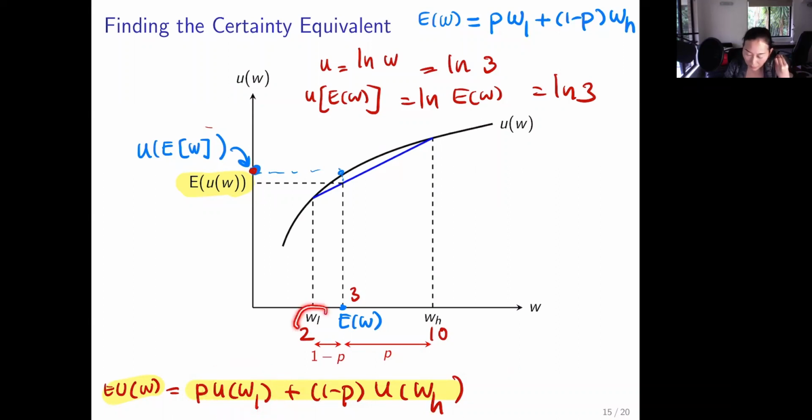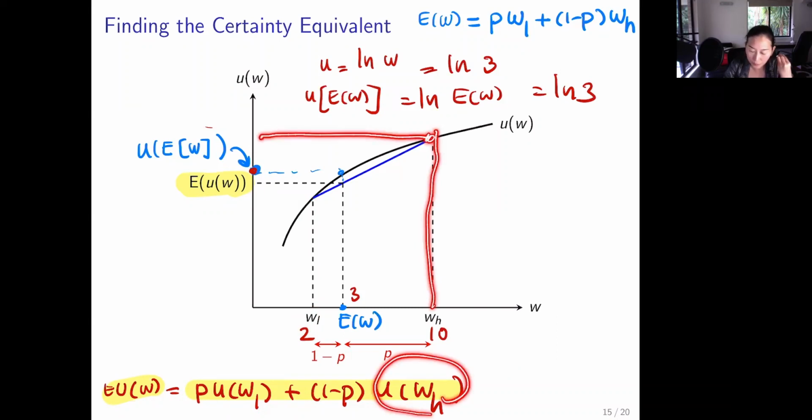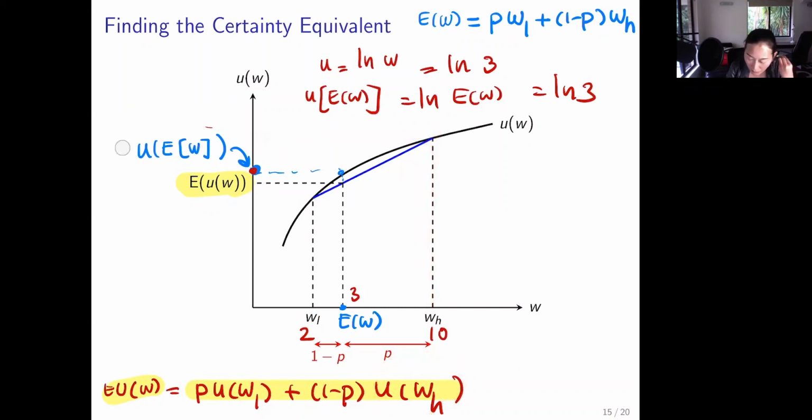This is WL, therefore U(WL) has to be this much, and U(WH) has to be this much. I'm going to erase this for a moment. So this is U(WL), and this one is U(WH).